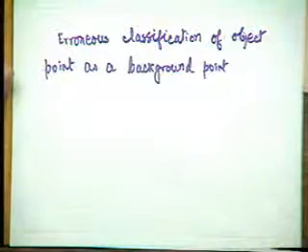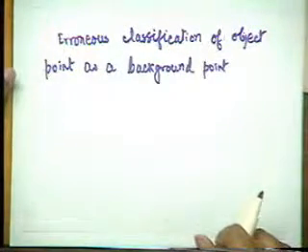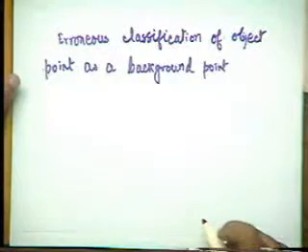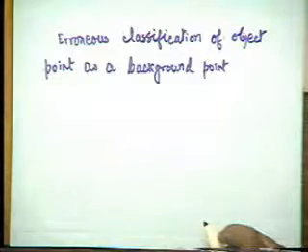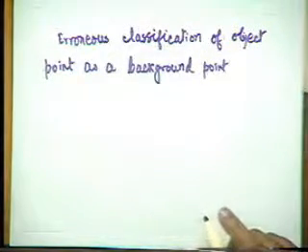as a background point, how should we compute this probability? Can anybody tell? You have a probability density distribution, okay? You have a probability density function P2Z for the object.